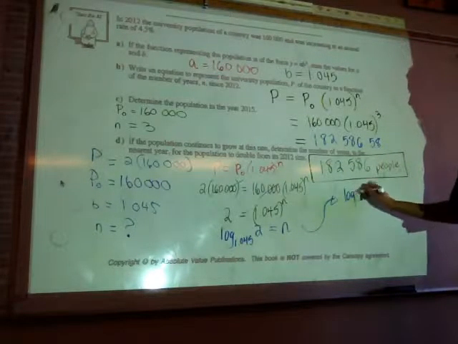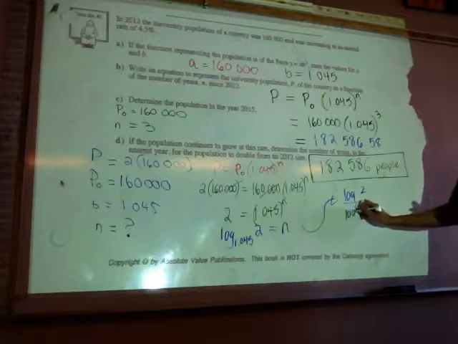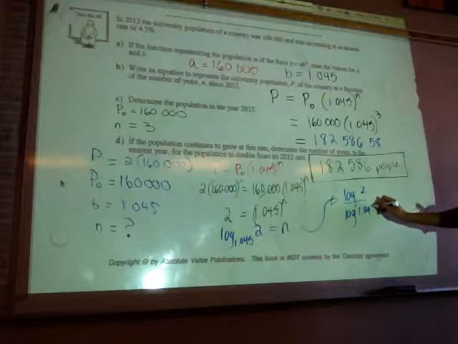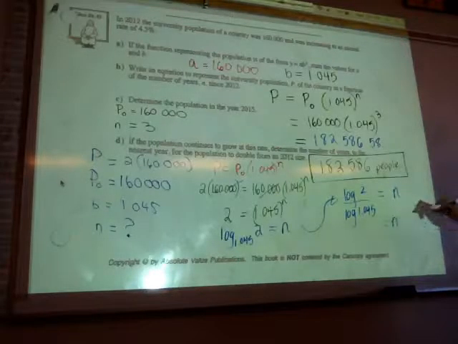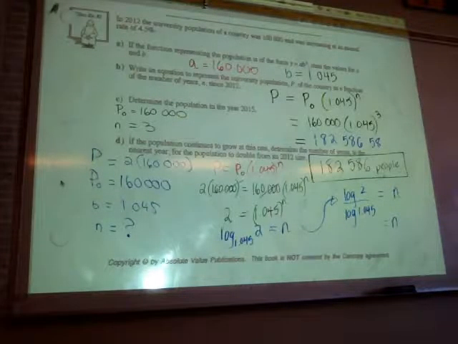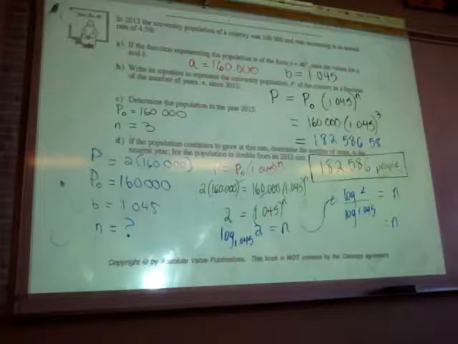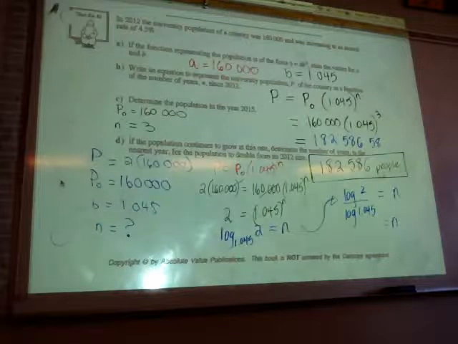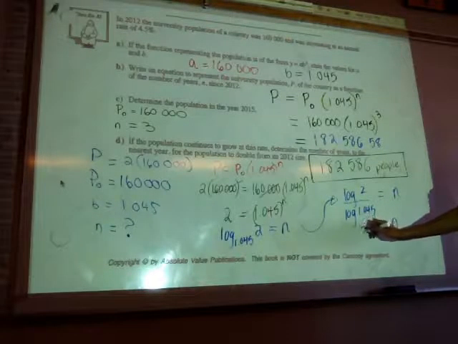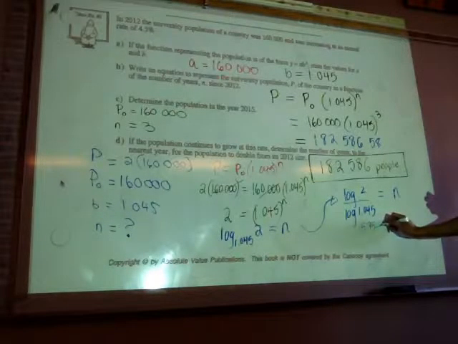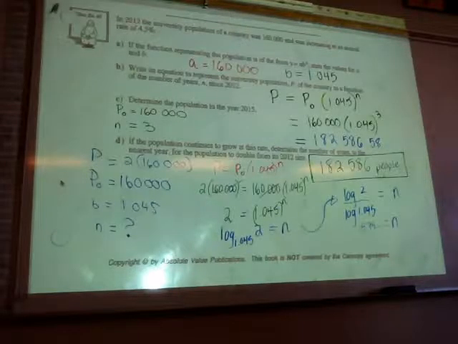We have log 2 divided by log 1.045, that equals n. What do we get? Okay, so with all the decimals, we get 15.75 and a few more things.